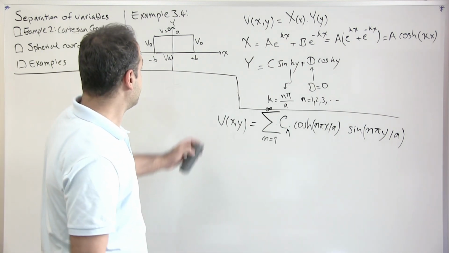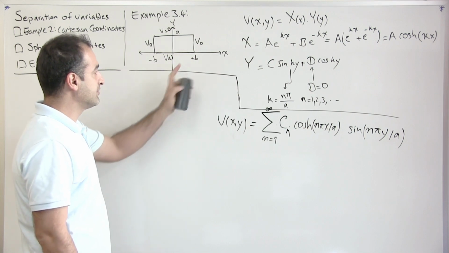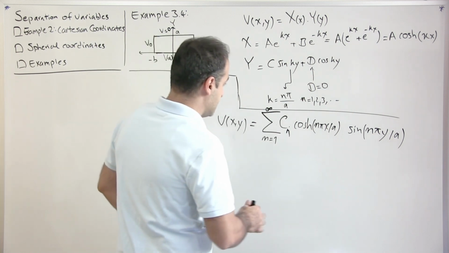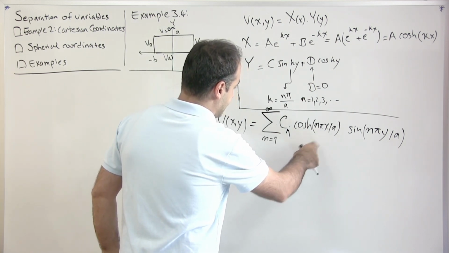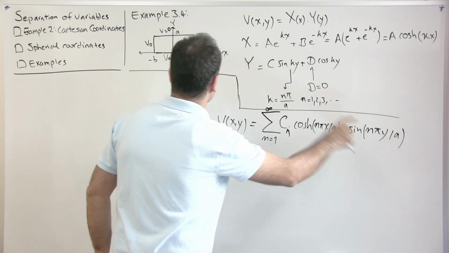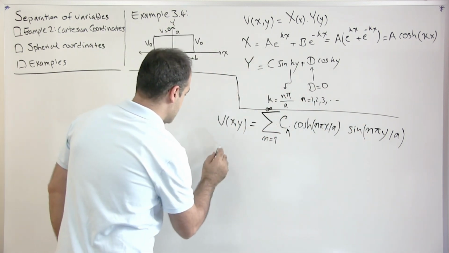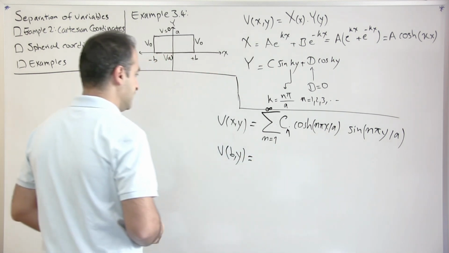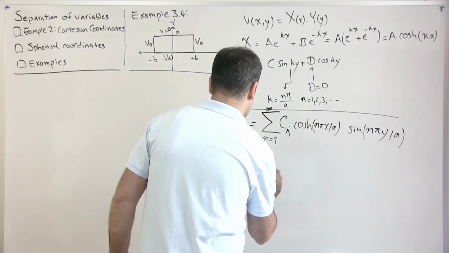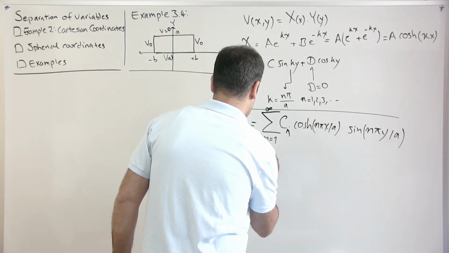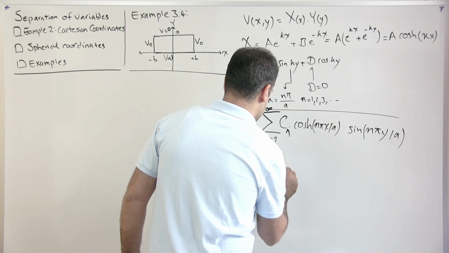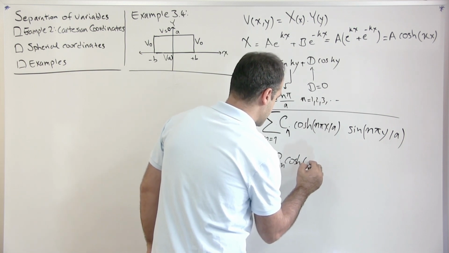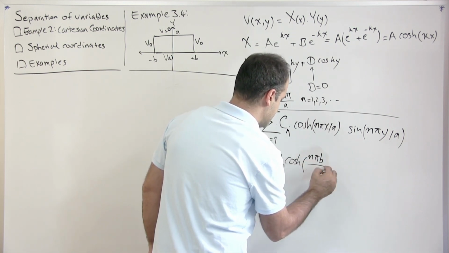Okay, now if we go to the right-hand side boundary condition at x equal plus b, here x is b, and if we look at this summation, that should be equal to v0. So let's write it down on the bottom here. V of b,y should be a summation of n equal 1 to infinity of Cn cosh of n pi b over a.